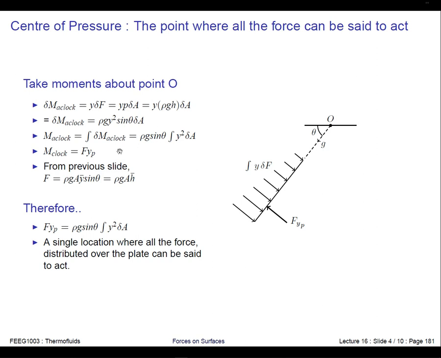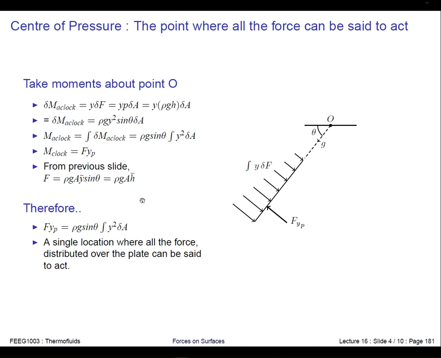This moment must be opposed by a clockwise moment, and this clockwise moment is F. This F is what I worked out from the previous slide. This is the total force on the plate, and this y_P is my center of pressure.